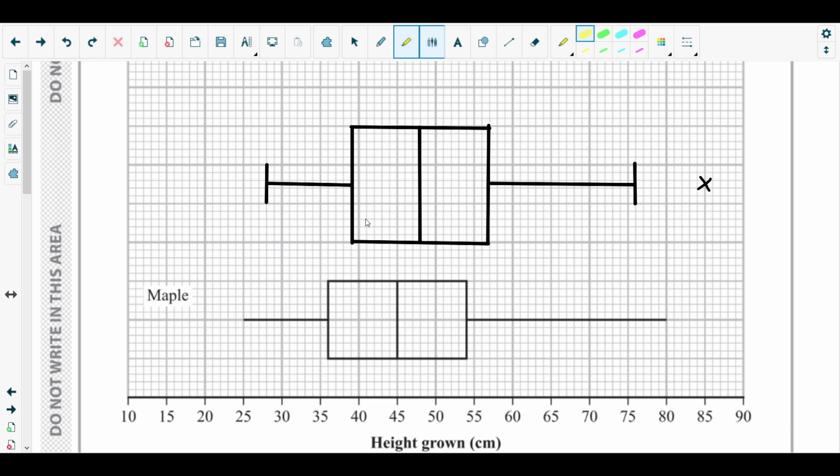Can you figure out any differences here? Yes, definitely there are some notable differences. When the question asks for differences, we basically consider either the spread or the location. The spread would be the range of the data or the interquartile range.